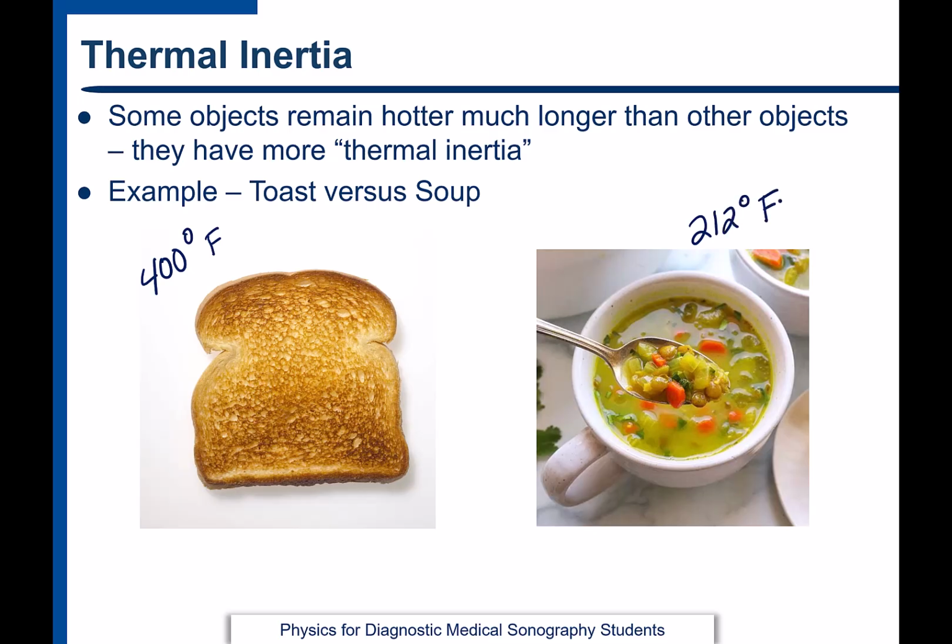Initially, the toast is definitely at a higher temperature. But let's say that you wait 30 seconds after the toast has come out of the toaster oven and the soup has come off the stove. You know you're a whole lot more likely to burn yourself on the soup. And that's because it has more thermal inertia. It holds on to that energy longer than the toast does.